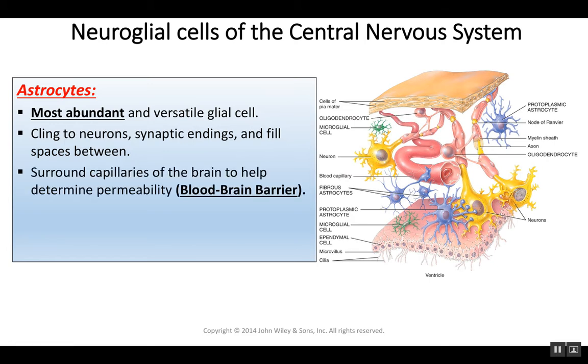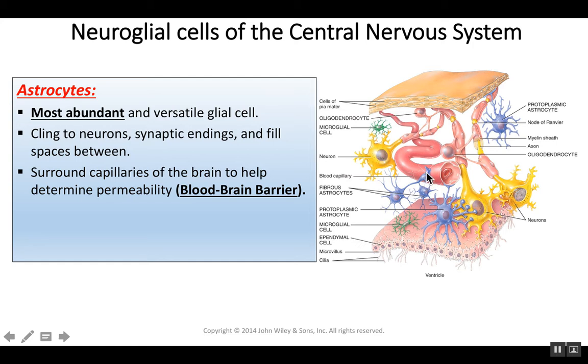They also reach out and attach to capillaries. And this is by far the more important function that we're going to discuss when it comes to astrocytes. They have these little processes, and let's try to find one right here, that reach out from the cell body and surround the blood vessels in your brain.